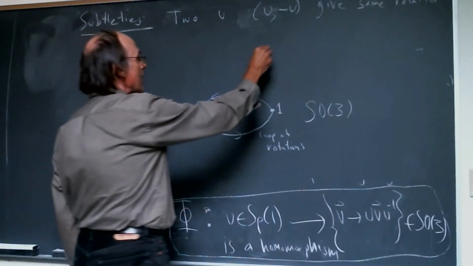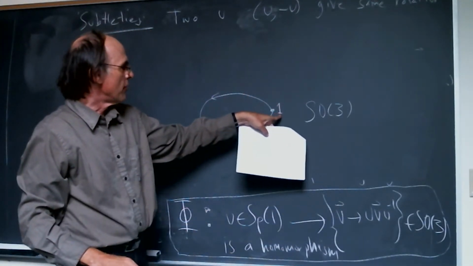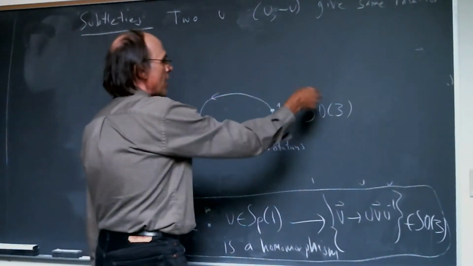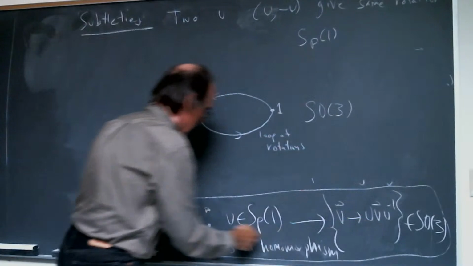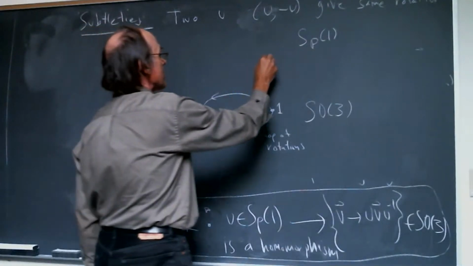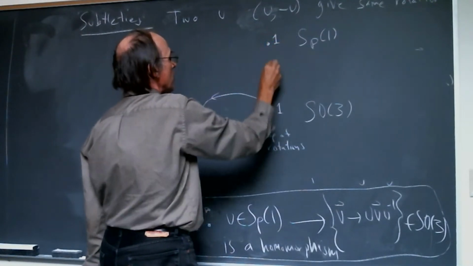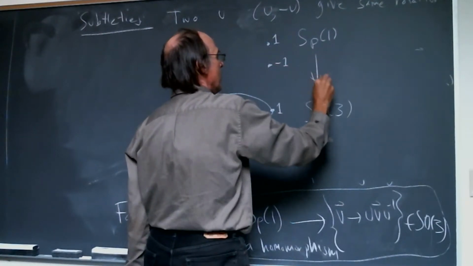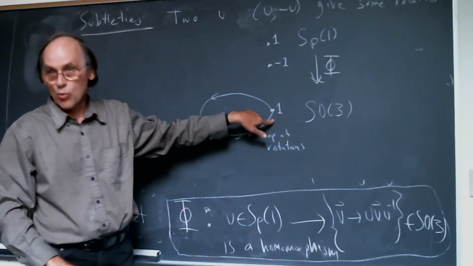Now, the identity here will correspond to, if you ask what the elements of Sp1 are that are the inverse images up here, there's going to be one, but then there's also going to be minus one. I'm going to think of this map phi as going down, so 1 and minus 1 get mapped down to 1.